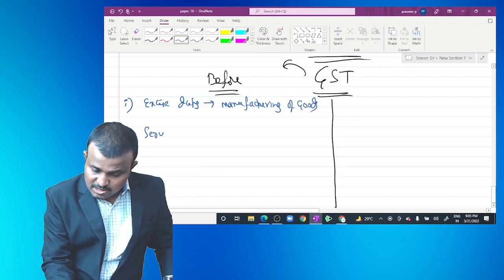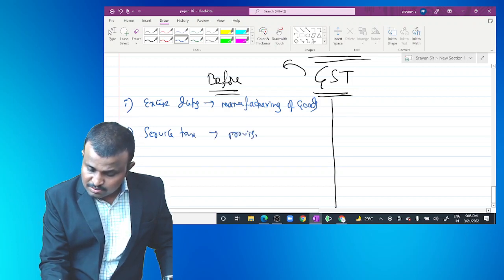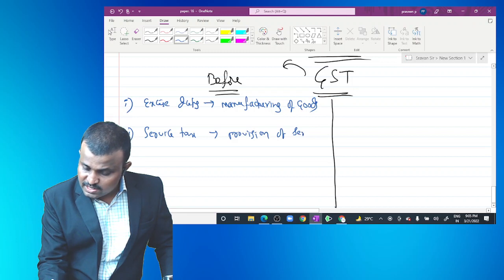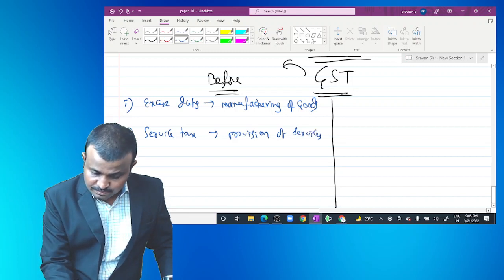And the second one is service tax, which is levied based on provision of services in India.